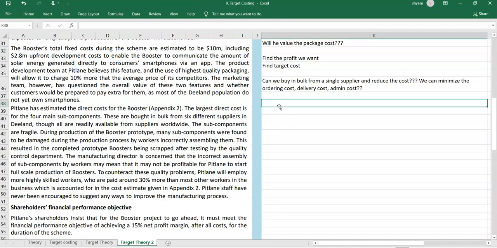Again, can we buy reliable quality subcomponents and eliminate the need for higher paid staff? Is it possible? If possible, we could do that.